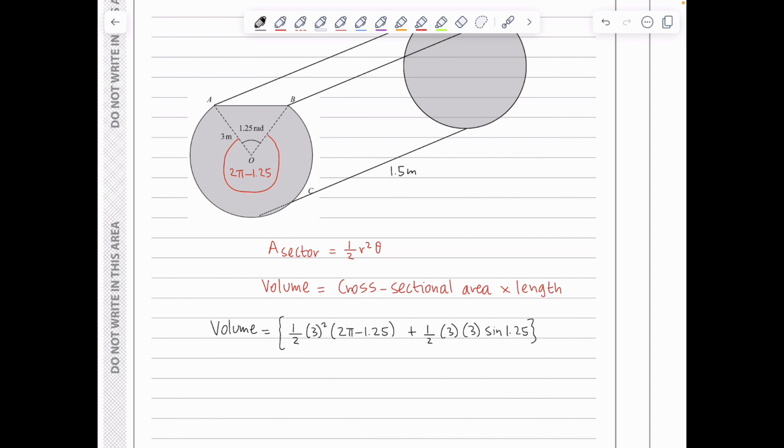So this is the area here, and I will multiply this by the length, which is 1.5. Everything is in meters. So if we plug this on the calculator, we get 40.4, and this is cubic meters.